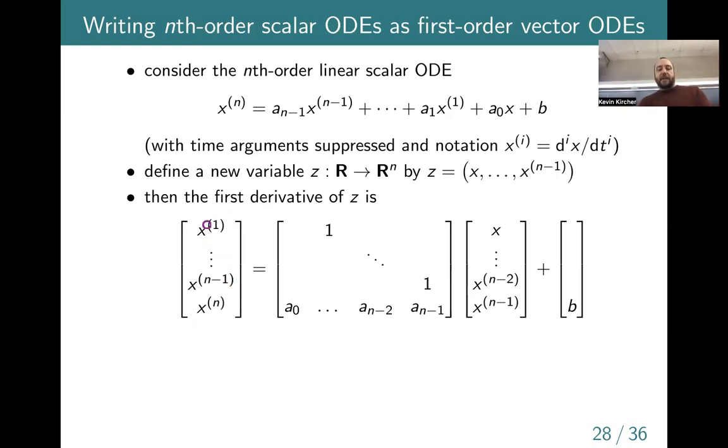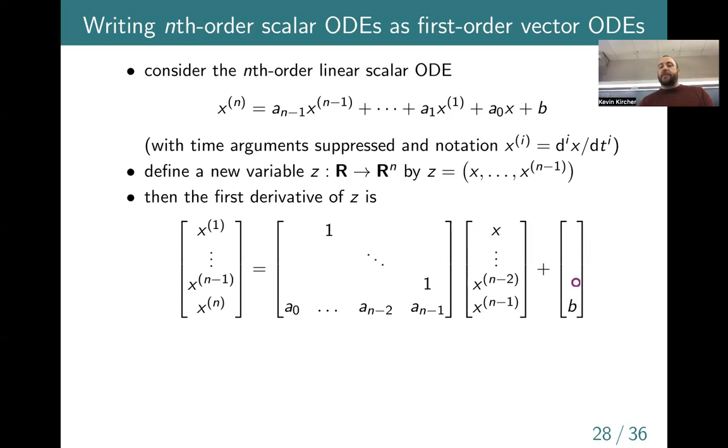Then we have a bunch of equations. The first one says that the first derivative of x is equal to the second entry in this list, x dot or x1. So this row just says have 0 everywhere and pick out only the first derivative of x when you do this matrix multiplication. You're just saying x dot equals x dot.